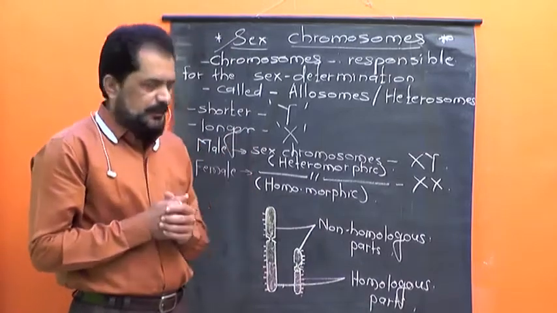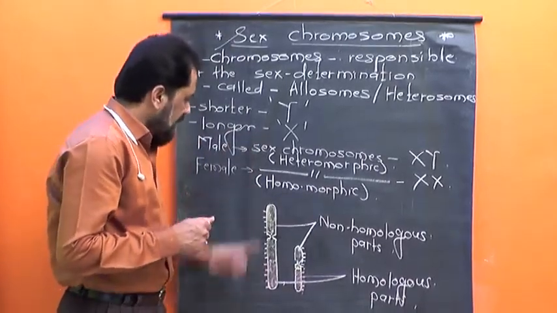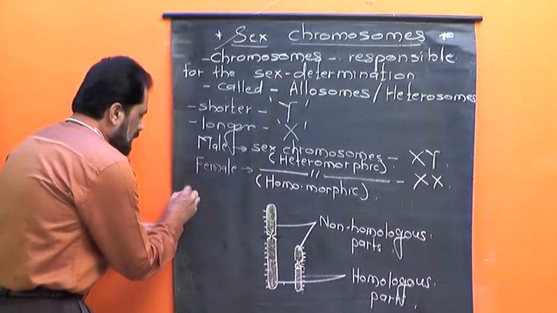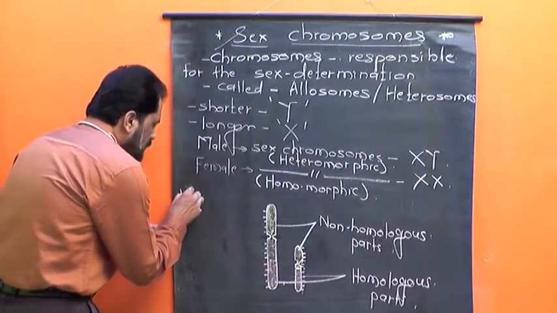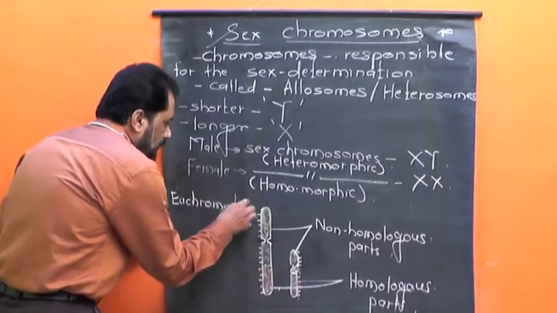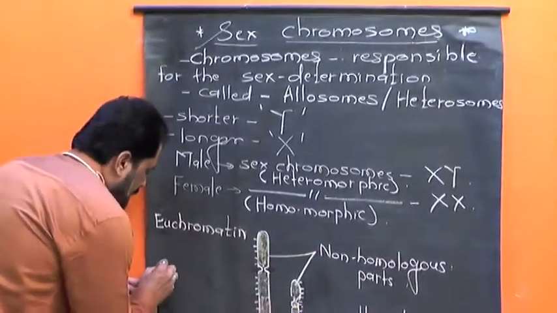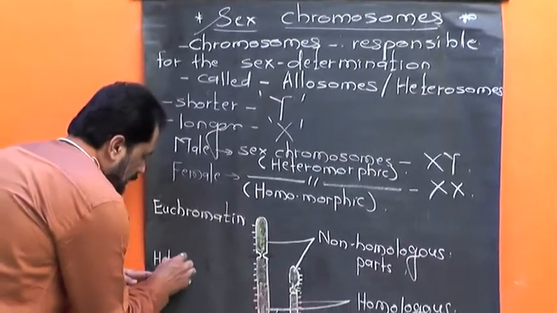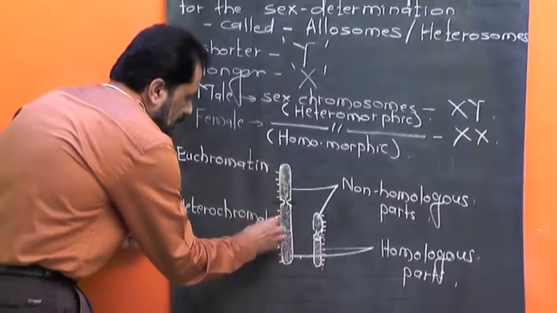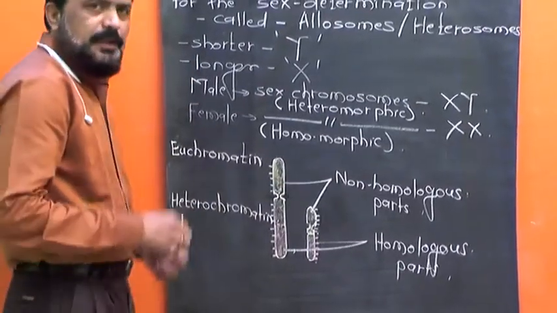In addition to that, let me tell you, this X chromosome contains a large amount of euchromatin, and less heterochromatin. Now what does it mean?